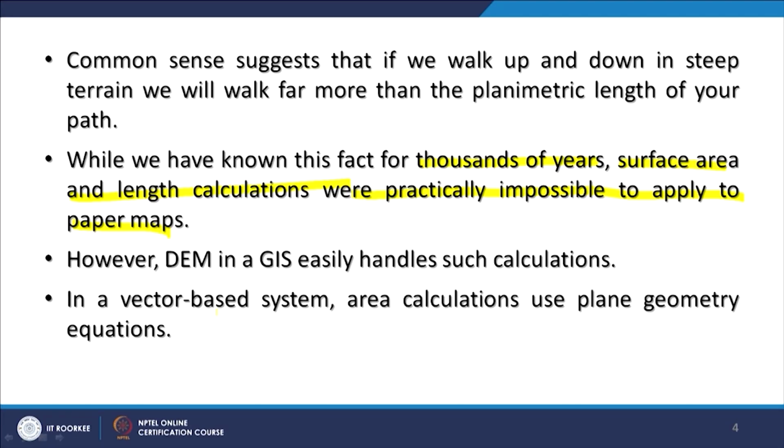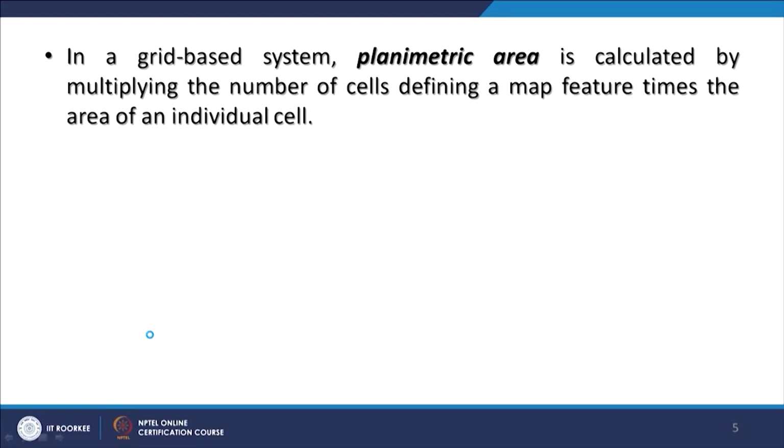In a vector based GIS, area calculations are plane geometry equations, whereas in a raster or grid based system, planimetric area is calculated by multiplying the number of cells defining a map feature by the area of an individual cell. Planimetric area calculation is very simple because we know the area of one cell, say 30 meter by 30 meter, that means 900 square meter, and if we have 10,000 such cells in our data, we multiply by 10,000.